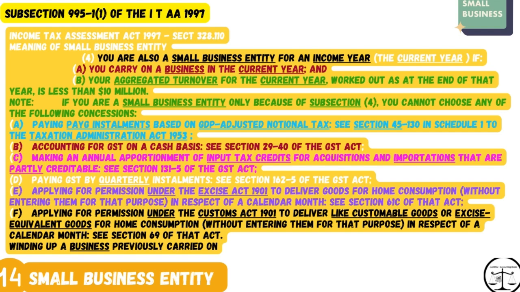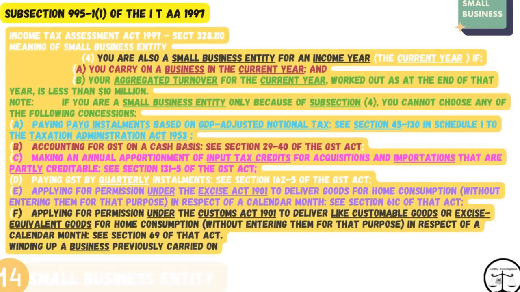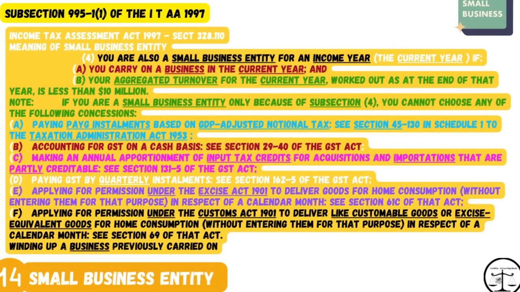B. Accounting for GST on a cash basis. See Section 29-40 of the GST Act. C. Making an annual apportionment of input tax credits for acquisitions and importations that are partly creditable. See Section 131-5 of the GST Act. D. Paying GST by quarterly installments. See Section 162-5 of the GST Act.